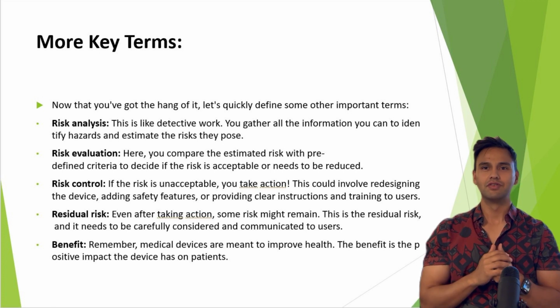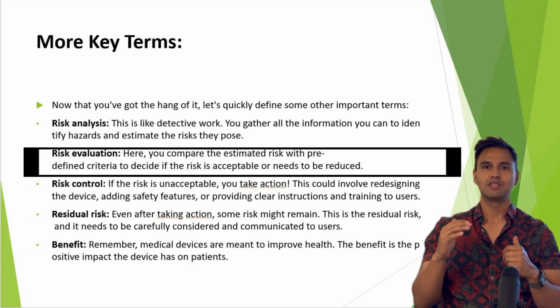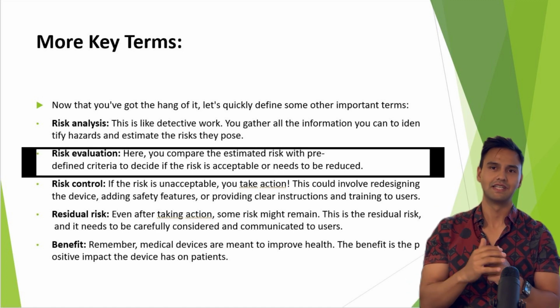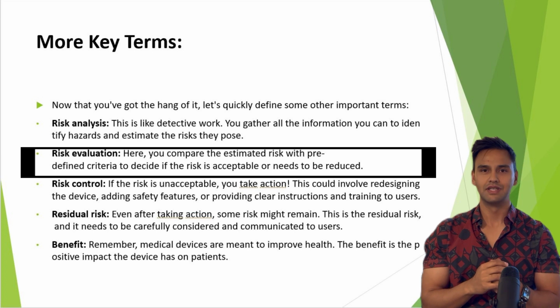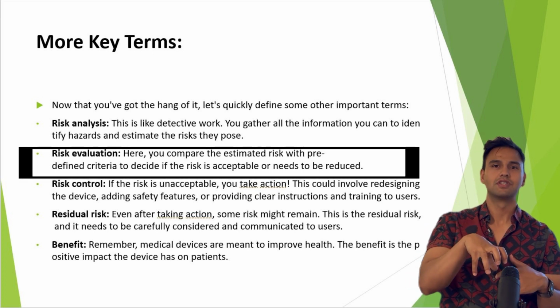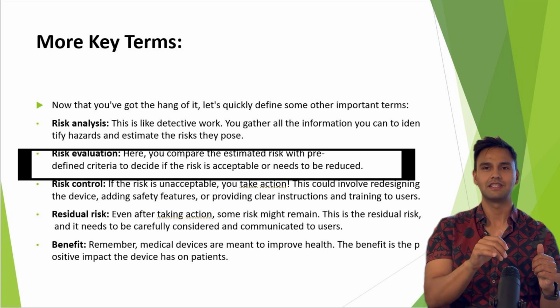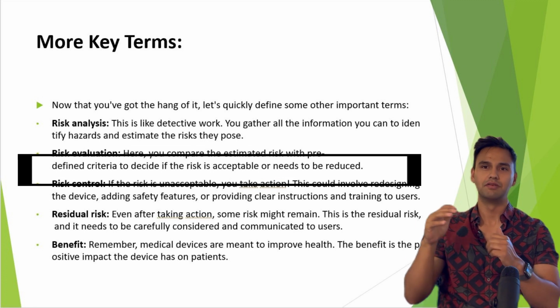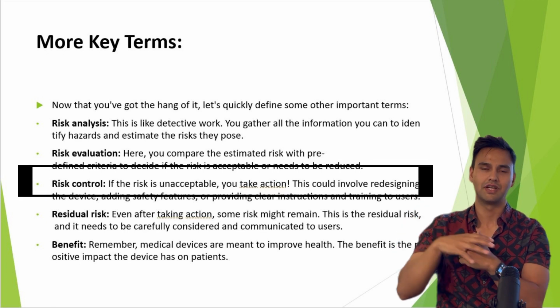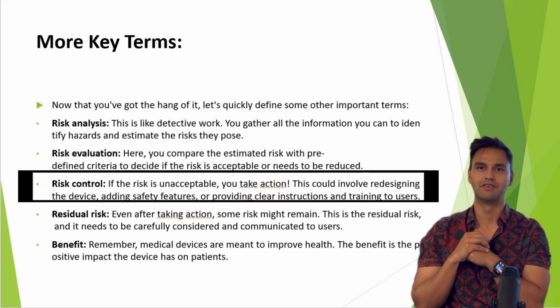So let's move on to risk evaluation. Risk evaluation is the process of comparing the estimated risk against the risk acceptability criteria that your company has determined. This involves comparing the risk scores calculated during risk analysis, like high risk, low risk, with the manufacturer's or your company's pre-established criteria for risk acceptability, right?